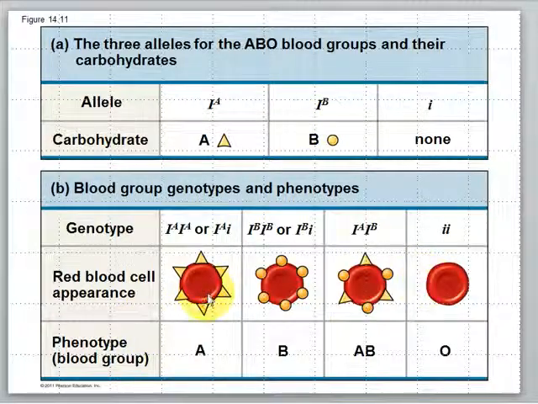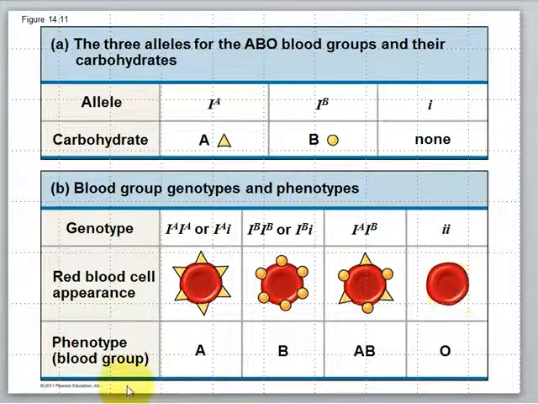Look at this diagram. It might also help explain why blood type O is oftentimes called the universal donor. You'll notice it's because O has none of these carbohydrates sticking off of it. So pretty much anyone's body can accept this blood cell because it doesn't have any of these carbohydrates that might trigger a reaction.